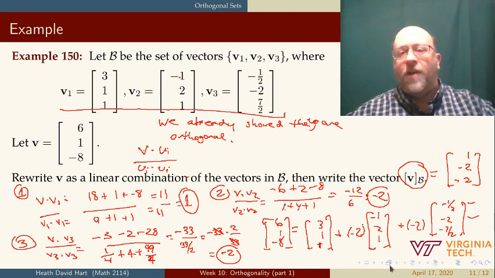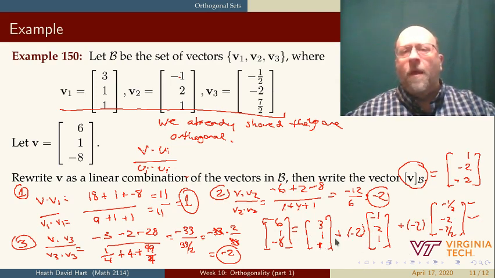So the middle coordinate checks. The bottom coordinate is going to be a little bit messy again. 1 minus 2 is negative 1. Negative 2 times negative 7 halves is positive 7. There's no negative sign here. Negative 1 minus 7 is negative 8. So the bottom coordinate checks.